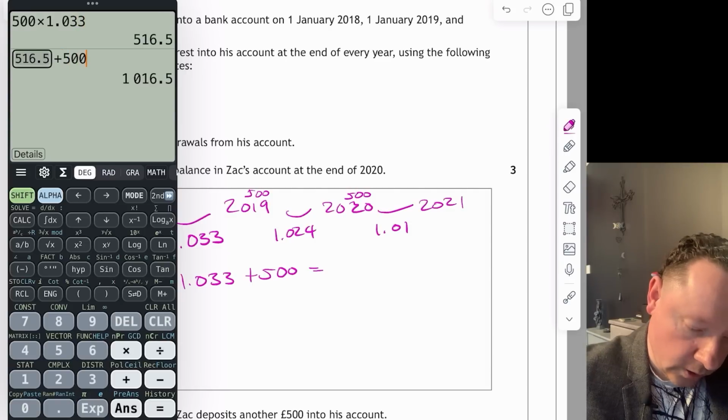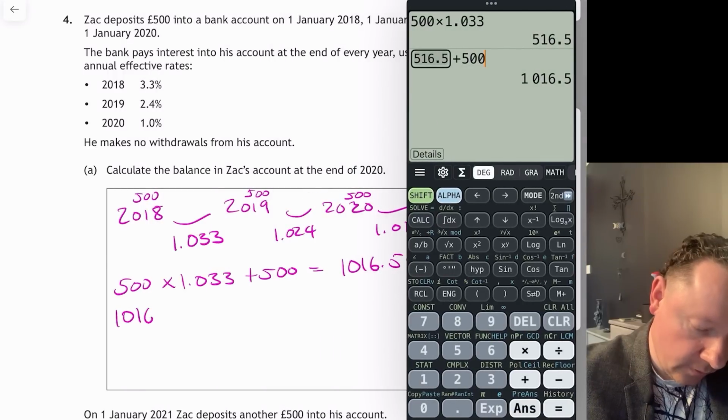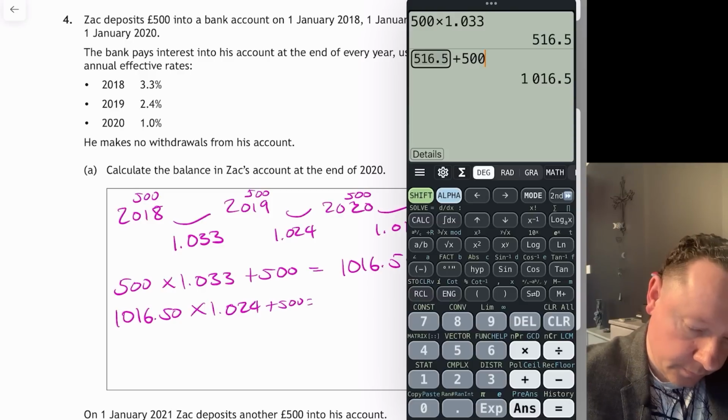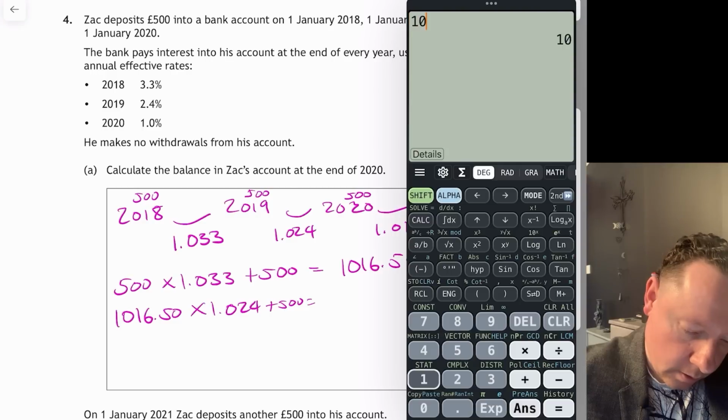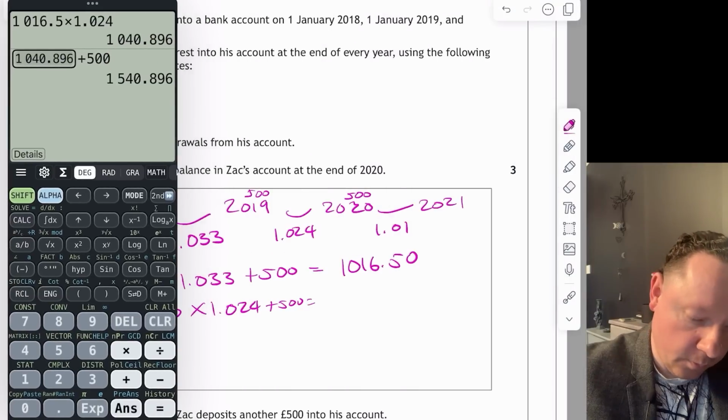So the first one is £1016.50, and then start again. 1016.50 times 1.024 this time, plus the 500 at the end of that. And you get 1540.896 or 1540.90.